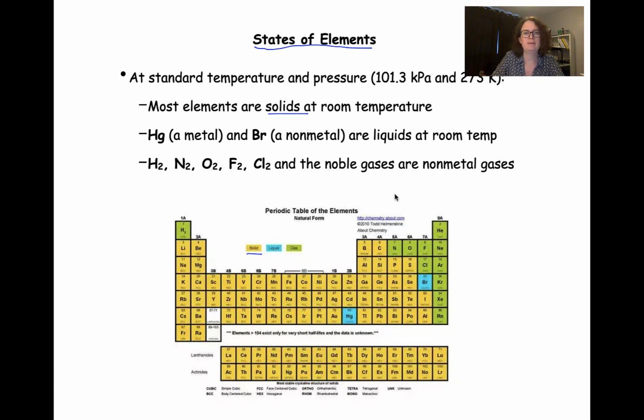We do have a couple of exceptions in terms of liquids. Bromine and mercury in blue here are in the liquid phase at room temperature. And then we also have a bunch of gases. So H2, N2, O2, F2, and Cl2 all exist as gases, and so do all of the noble gases, which is another reason that they're called noble gases.